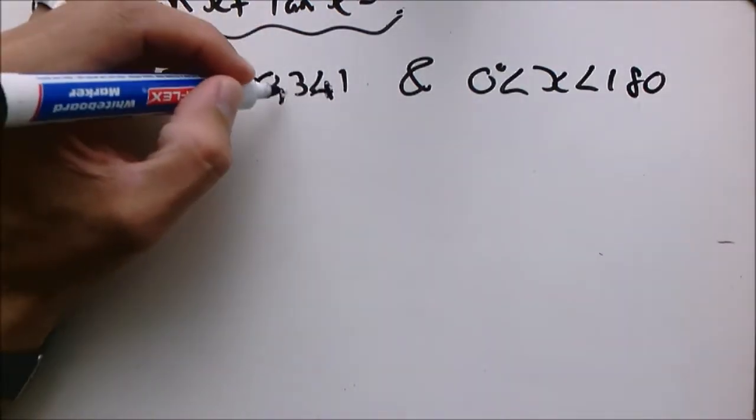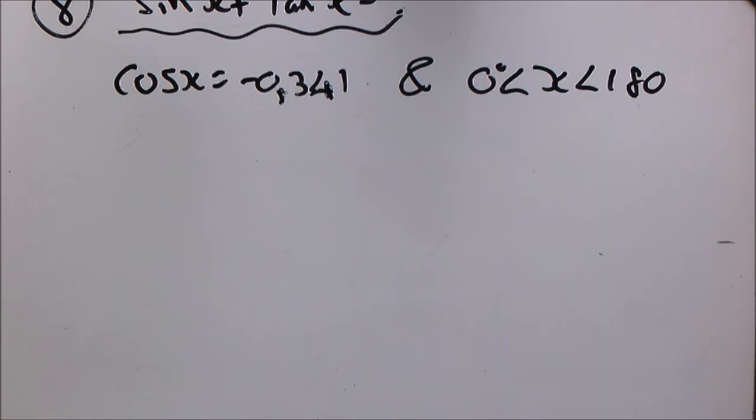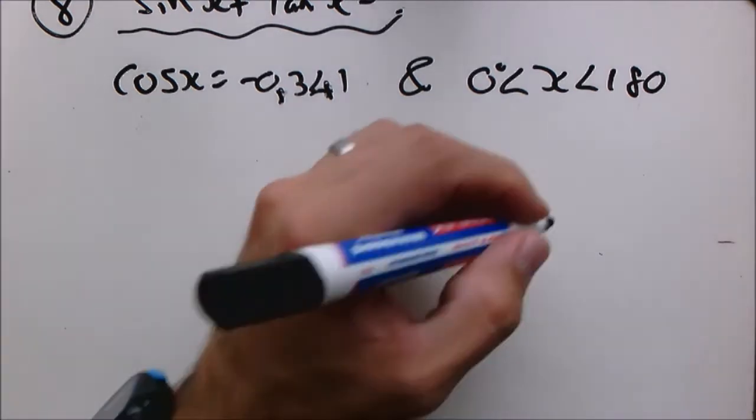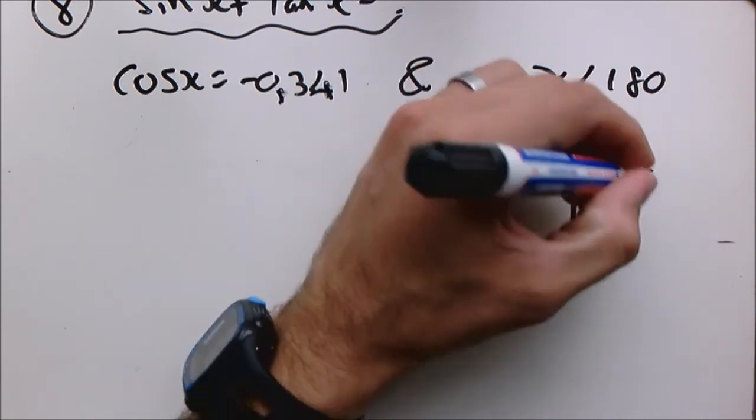Okay, so before we can get to our actual solution, we first have to define our reference angle, and from there on we can draw our triangle that will help us in solving this equation. So our favorite diagram, the CAST diagram.